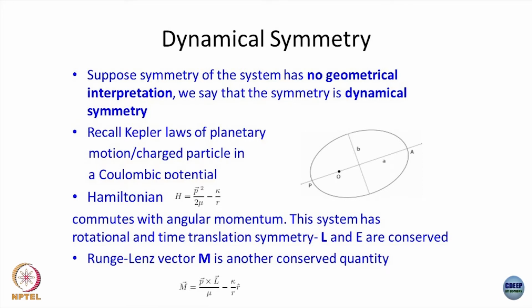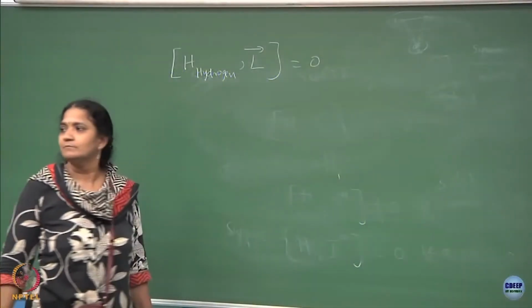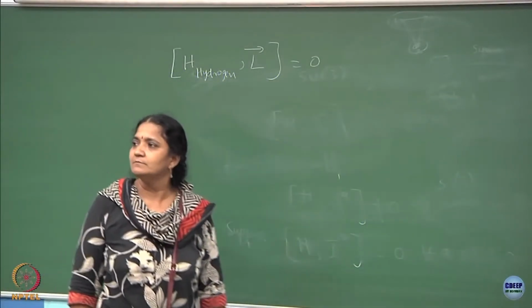So, for the hydrogen atom you can show that the Hamiltonian commutes with all the components of the orbital angular momentum, right.